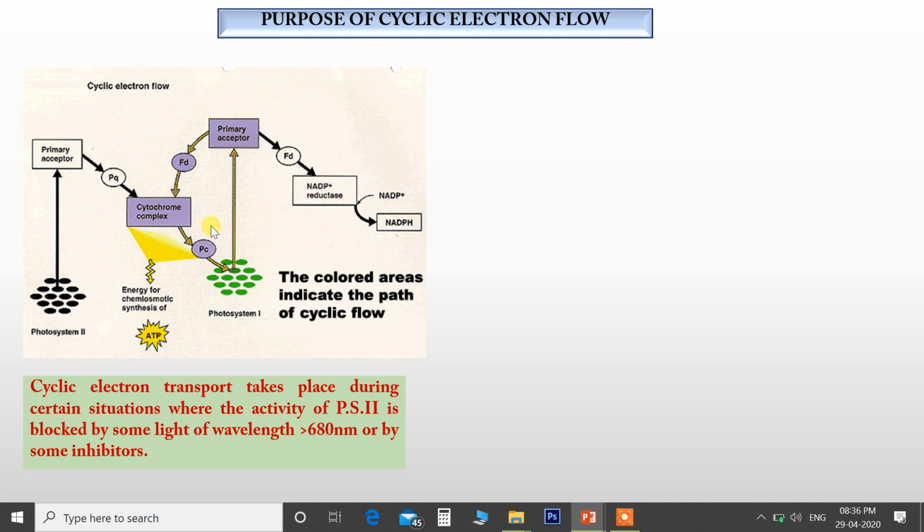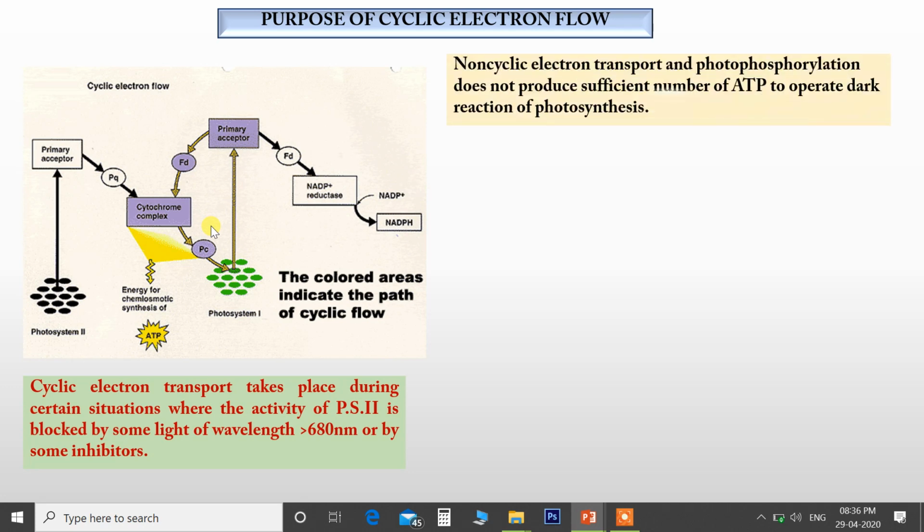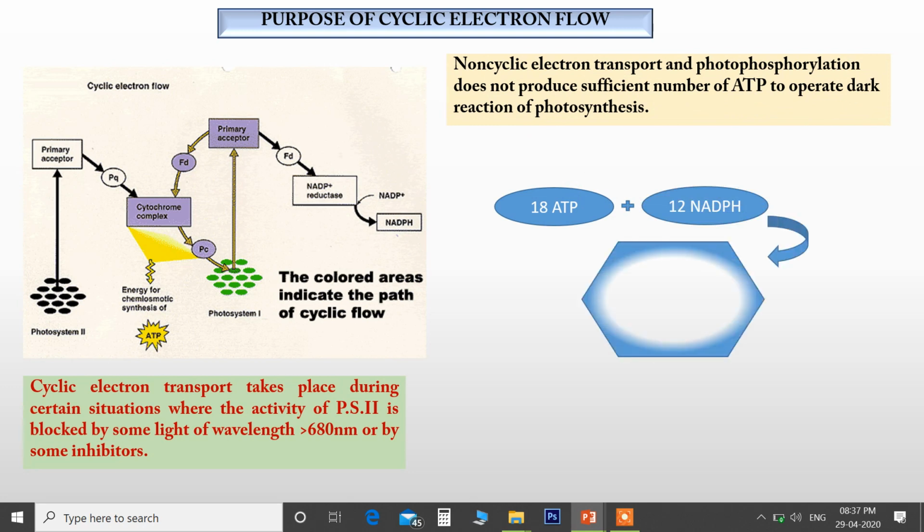And another important function served by cyclic electron flow is that non-cyclic electron transport and photophosphorylation does not produce a sufficient number of ATP to operate dark reaction of photosynthesis. Here 18 ATP and 12 NADPH molecules are needed for synthesizing one glucose molecule in dark reaction.